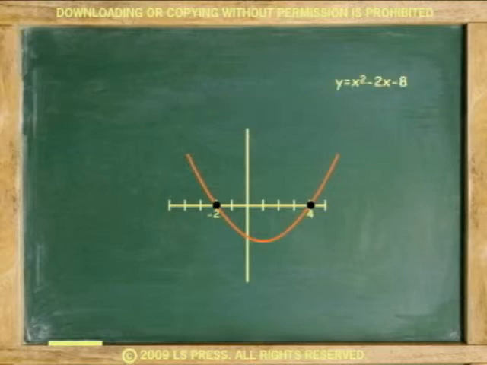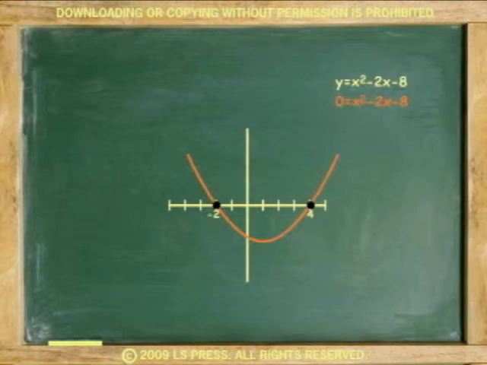The equation plotted in the previous graph is y equals x squared minus 2x minus 8. Because the value of y is 0 when the parabola crosses the x-axis, we now set up the equation equal to 0 to find the specific values of x when the curve crosses the x-axis, to find the roots.